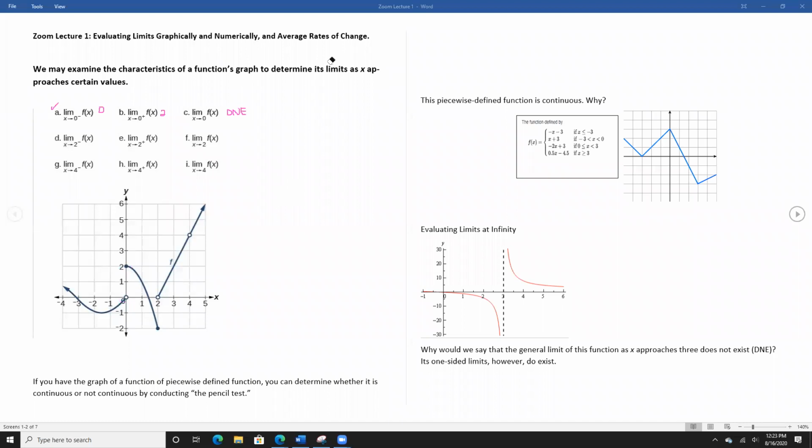Let's move now to part D. Part D says that we are approaching 2 from the left. If we're approaching 2 from the left side, that means that y is moving down toward the value -2. The closer you get to 2 from the left, the closer y converges to the value -2.